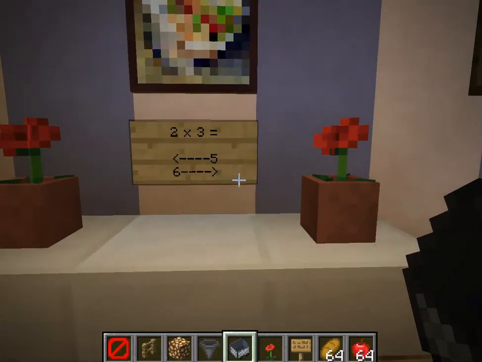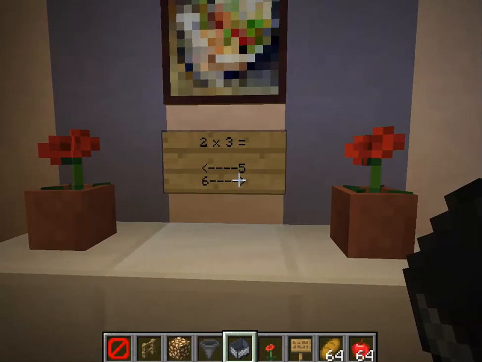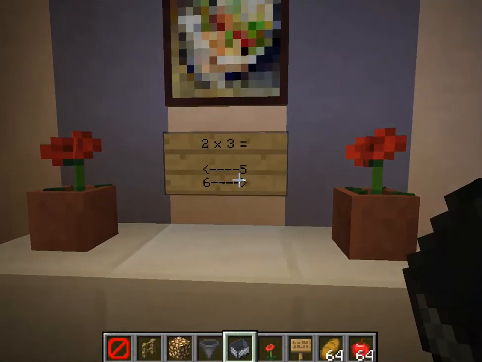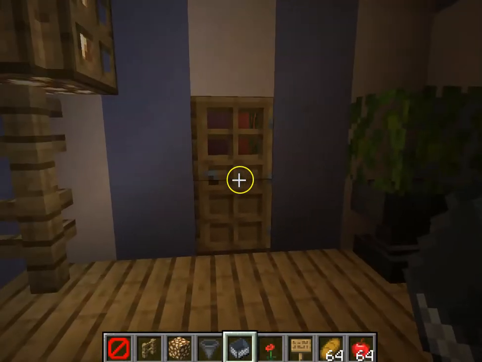That's right. 2 times 3 is like 2 plus 2 plus 2, or you could say 3 plus 3. And 3 plus 3 we know is 6.